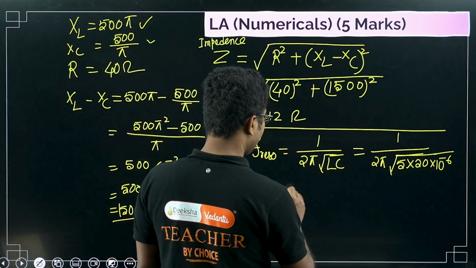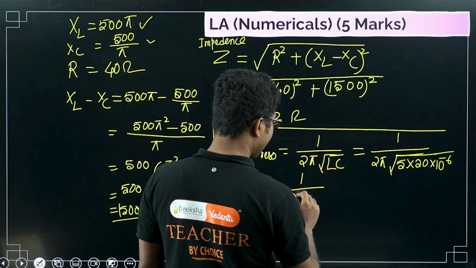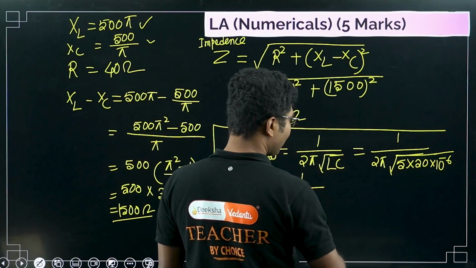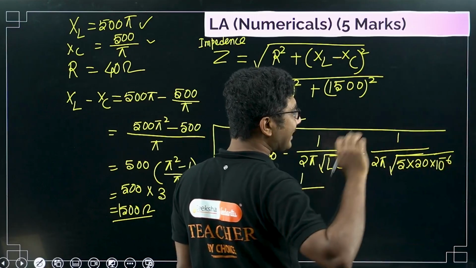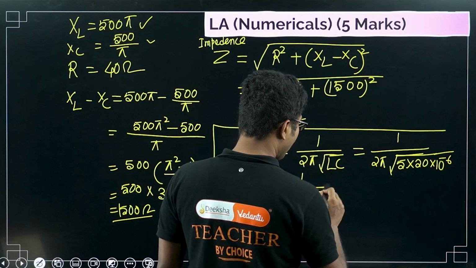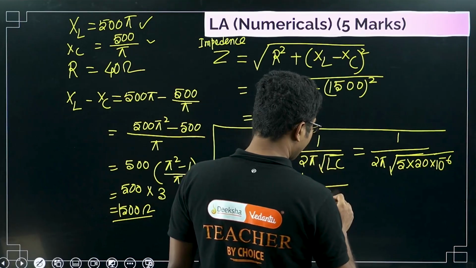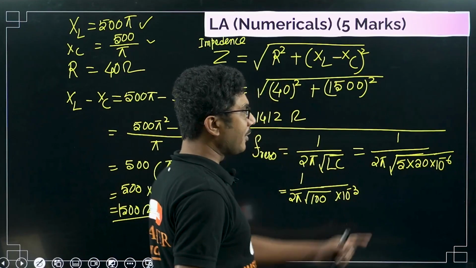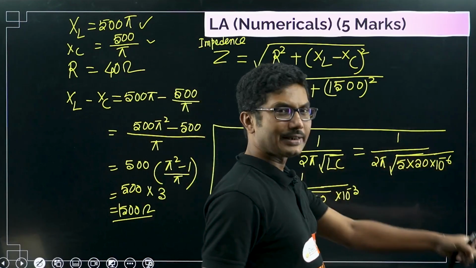The only irritating thing in such cases is this pi. Be it in the multiplication or the division, it has a value, and you can use that value with your calculator. So don't be afraid of that. Now 10 to the power of minus 6 was inside the square root.